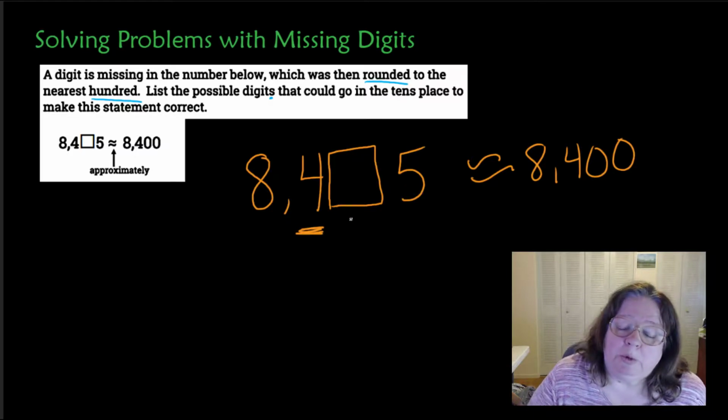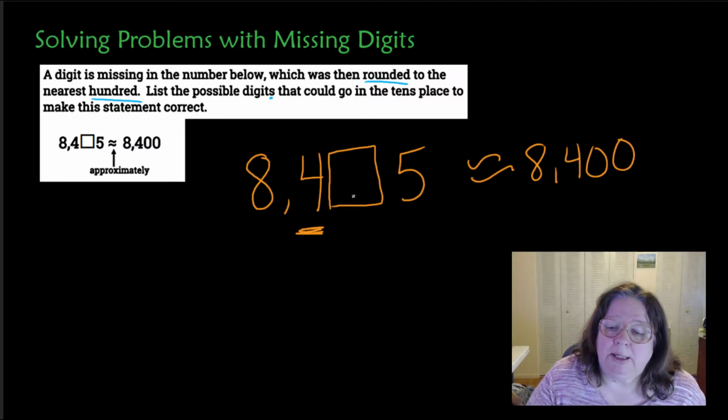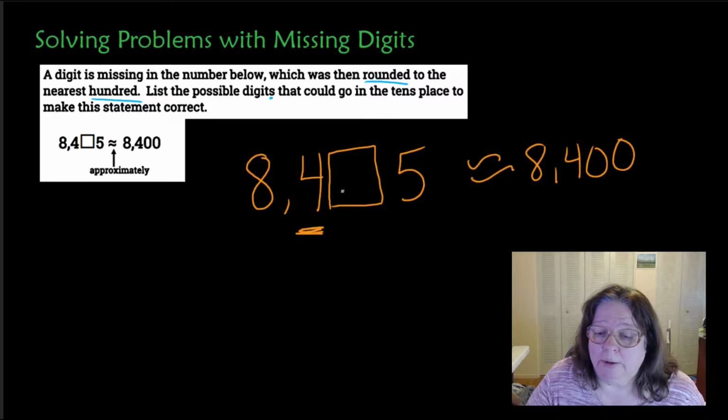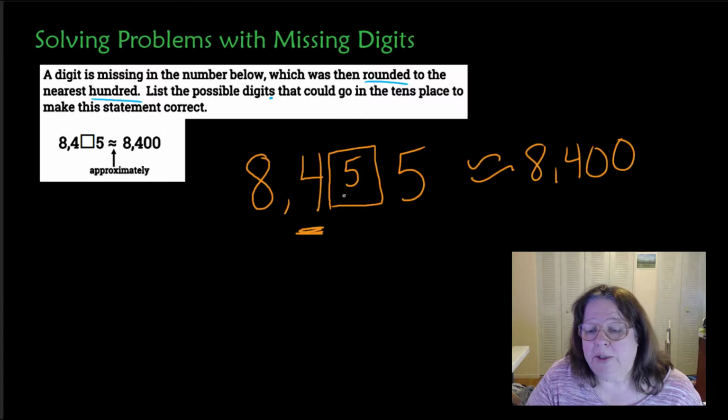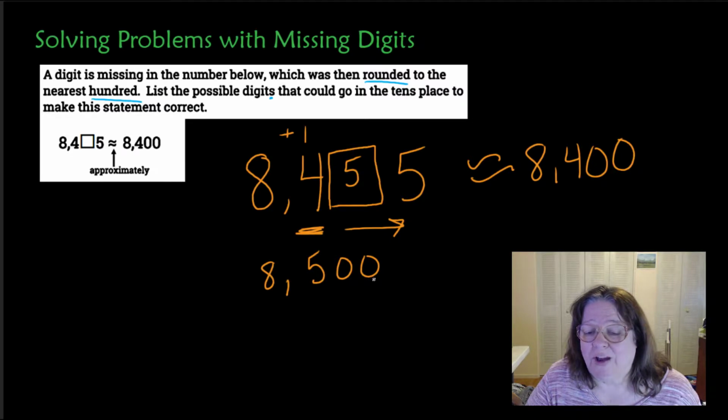Well, when we're rounding, we look at this number, and if this number is 5 or more, then this would become, let's say this was a 5. Well, when we rounded that, we would say, oh, this number is 5 or more, so that means we add 1 to this one, and because we would put zeros here, our rounded number would be 8,500.